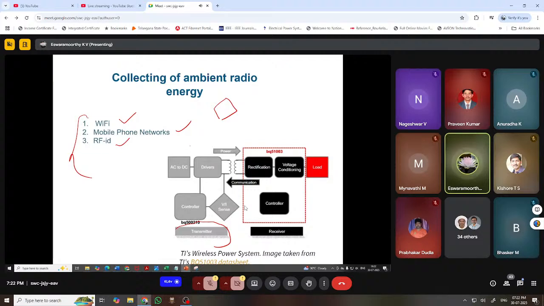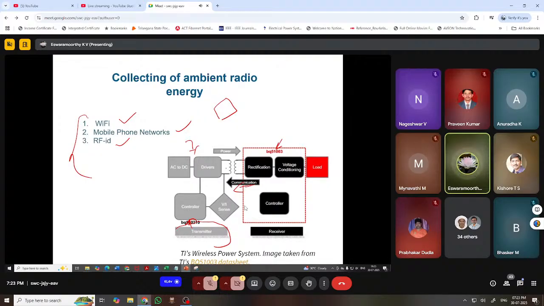That power can be harvested, and again it can be transmitted, and communication is happening between them, right? So power is harvested from here, and again it is transmitted wirelessly. Then we get power, and we have voltage conditioning, all those things we can do.